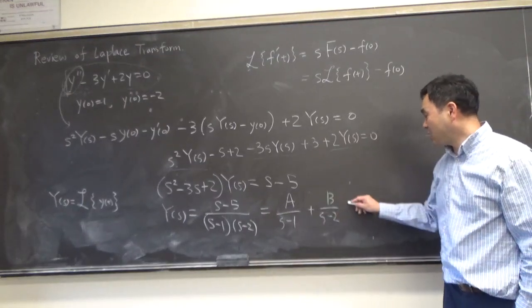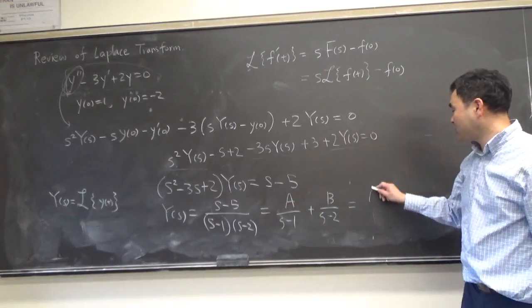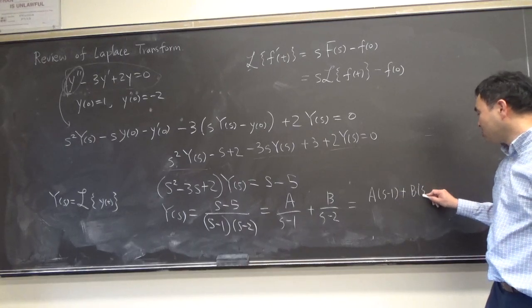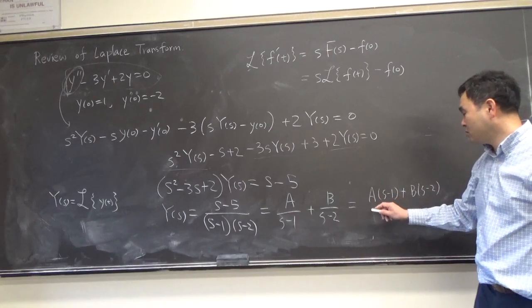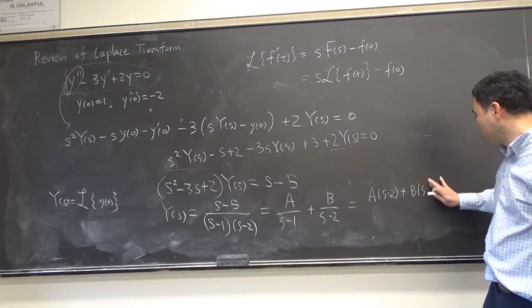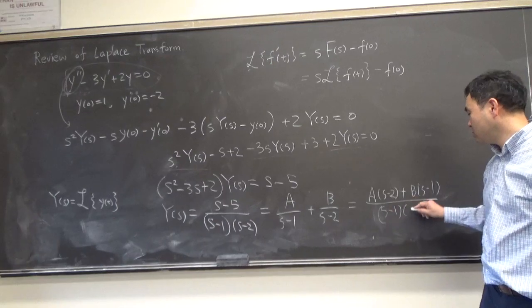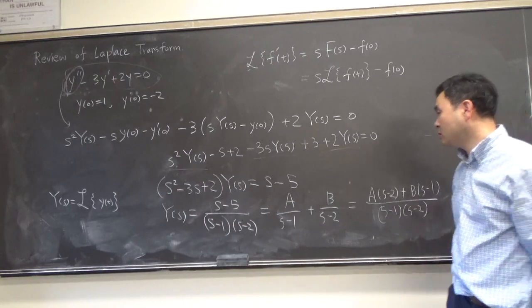And you make it into a single fraction back again as A times (s minus 2) plus B times (s minus 1), over (s minus 1)(s minus 2).